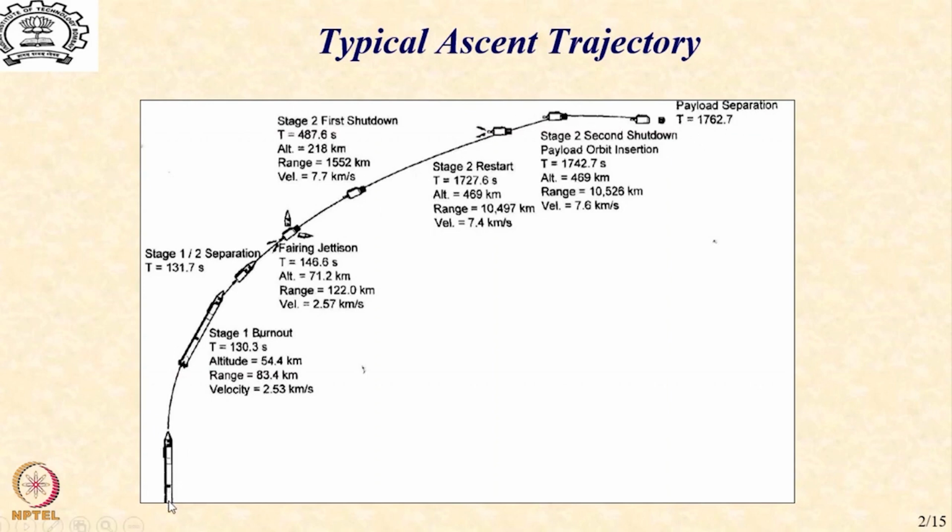As you can see, the flight path immediately after the liftoff starts curving in such a manner that towards the end of the mission, the velocity of the residual object is practically parallel to the local horizon.